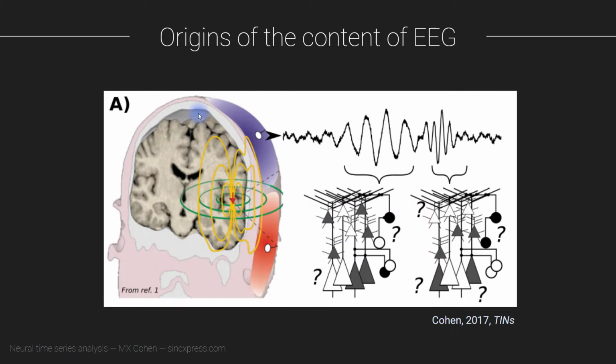So here you see another view of this. This is depicting someone's head being sliced through the middle. Here you see an EEG electrode, and this would be an example of the kind of deflection that you might see in an EEG signal. Now, we have a pretty good understanding of why EEG exists.